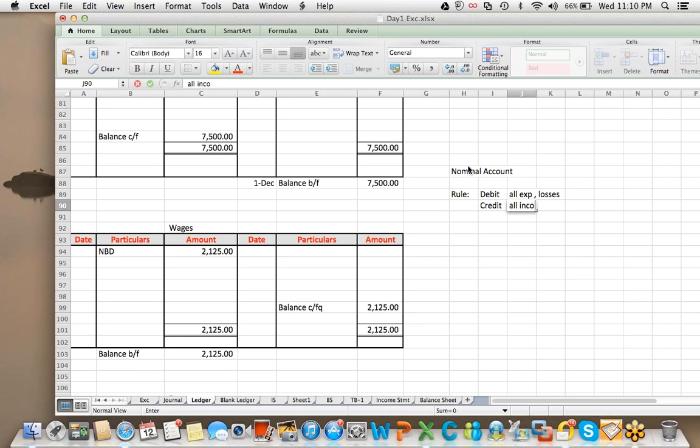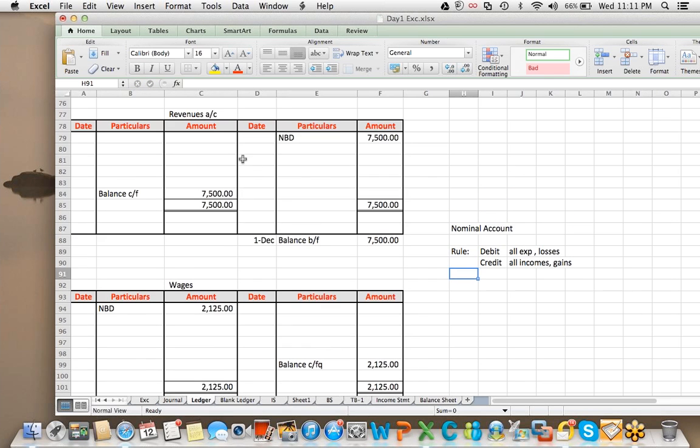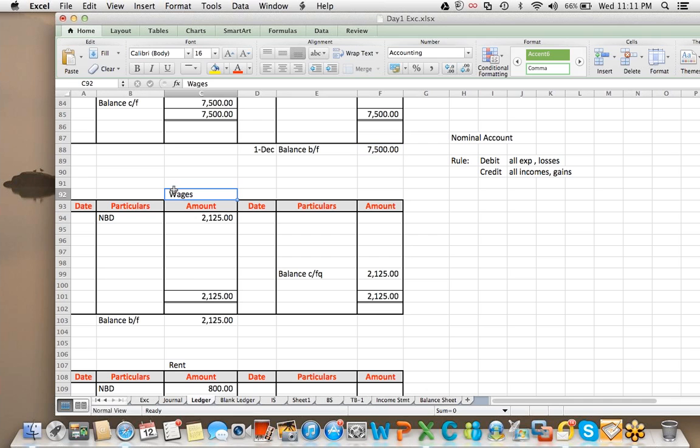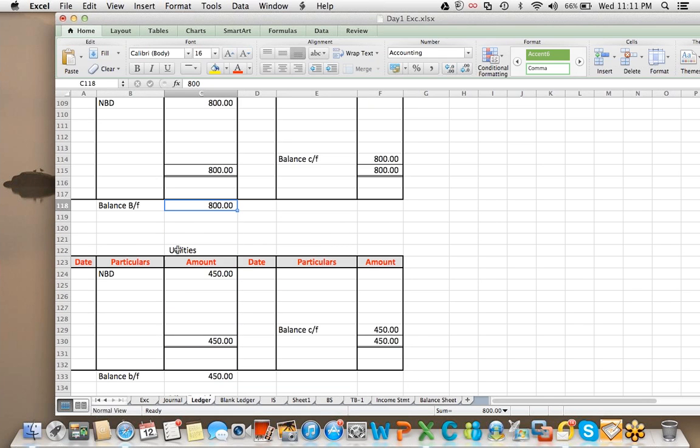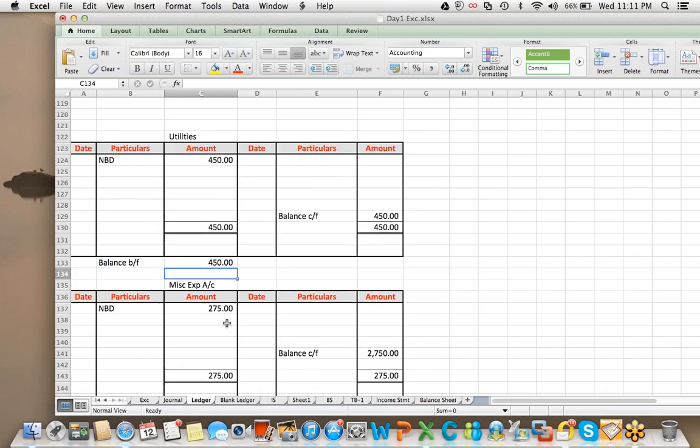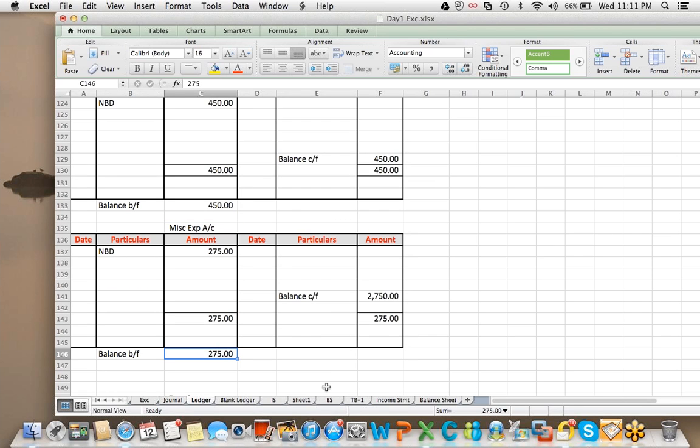See, revenue is an income, right? Income will always have a credit balance. Wages is an expense, debit balance. Rent expense, debit. Utilities expense, debit. Miscellaneous expense is an expense, debit. Like this.